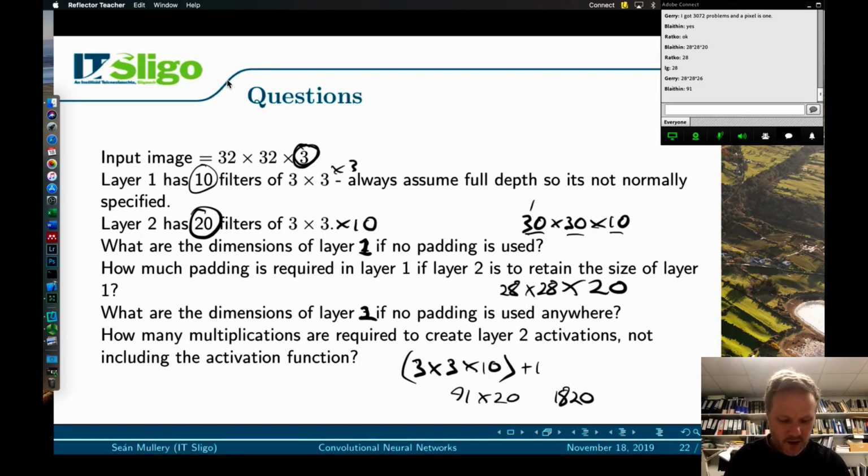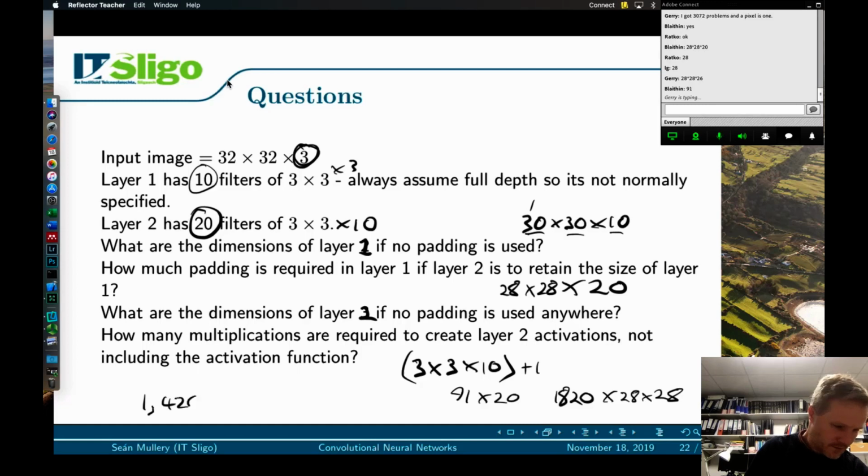But what we're then going to have to include in that is the actual size of the activation, which is going to be... So you can kind of think of this as 91 by 28 by 28, because it's going to have to do that. I haven't done that calculation, so 28 by 28 multiplied by 1820. Okay, so it's going to have to do 1.42688 million.